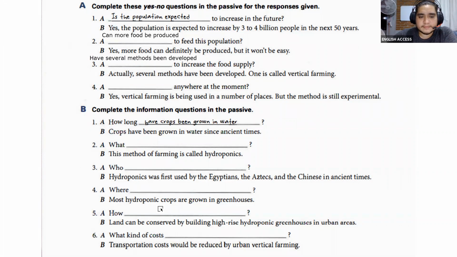Number 4. Lizzie, number 4. Okay, Miss Maddie.